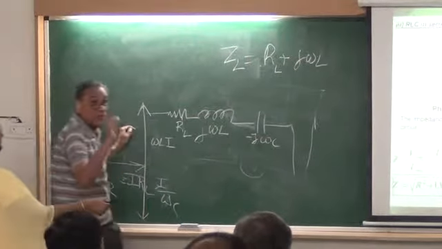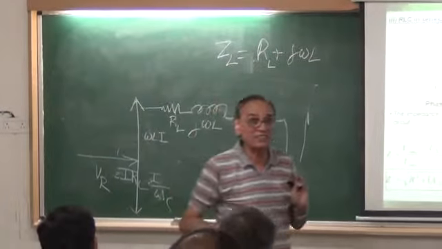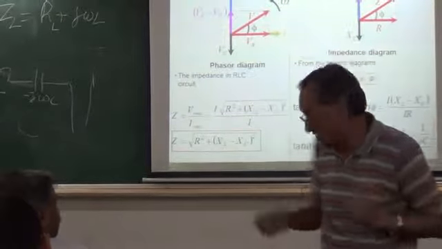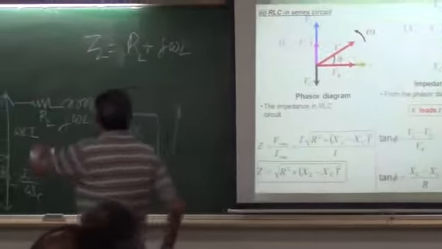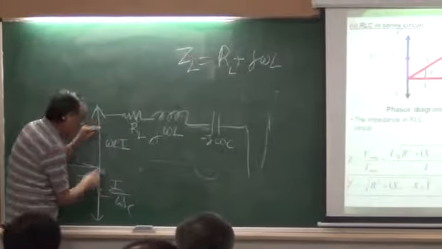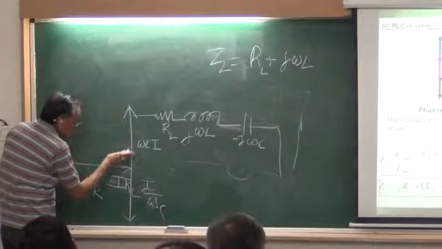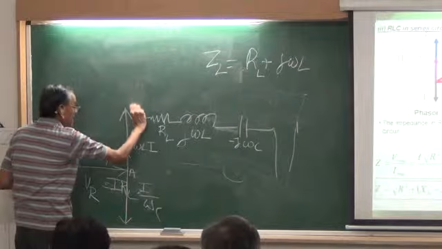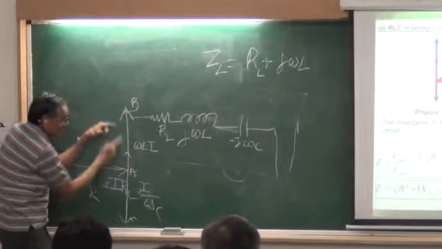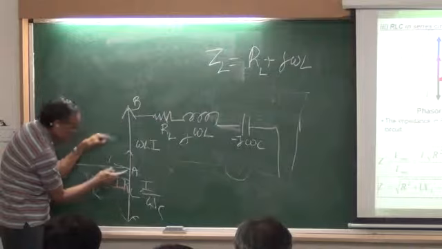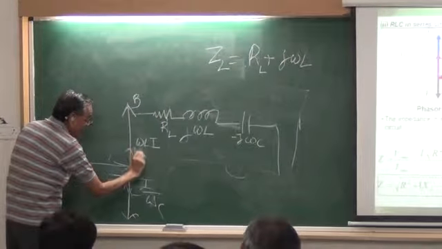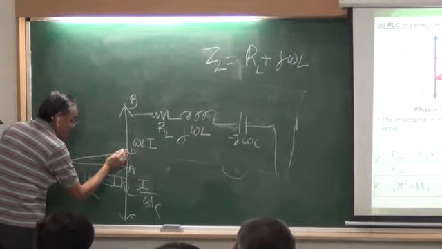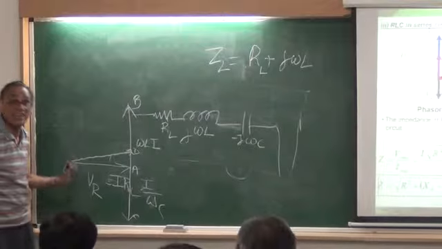Now when you are not at the resonant frequency, suppose omega L is more than 1 by omega C. These two won't cancel each other out. The sum of these two will be as this is O, A, B, this is AC. AB is not equal to AC. Therefore you get a result AD, and the total voltage will be this value for the same current.